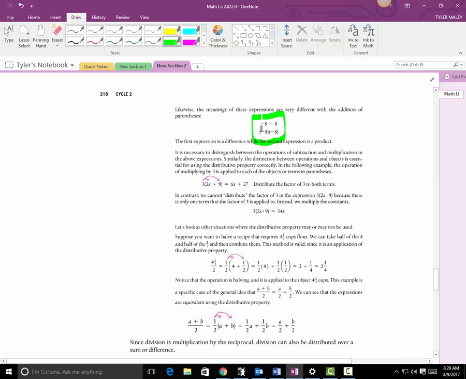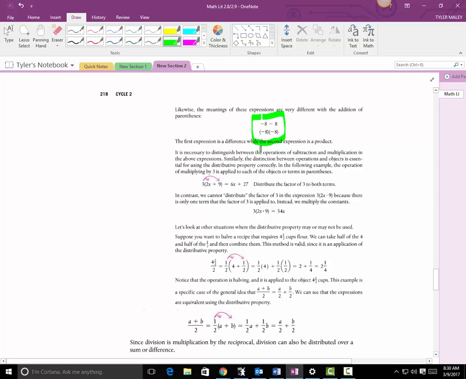The first one means I'm taking -8 minus 8, where the bottom operation here is multiplication. When I have two things side by side in parentheses, that means I'm multiplying, so -8 times -8. So those mean completely different things.